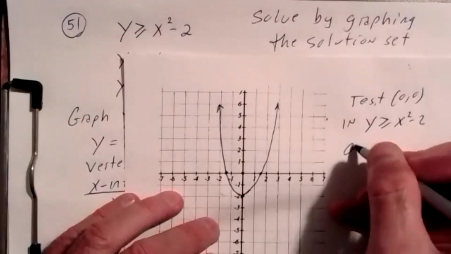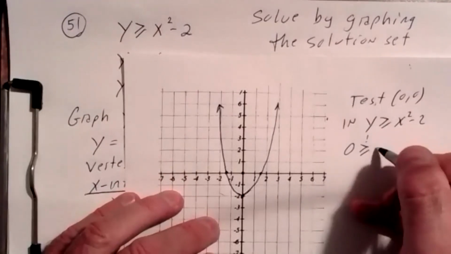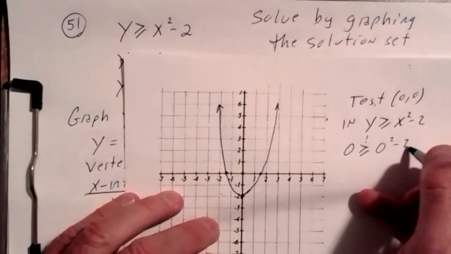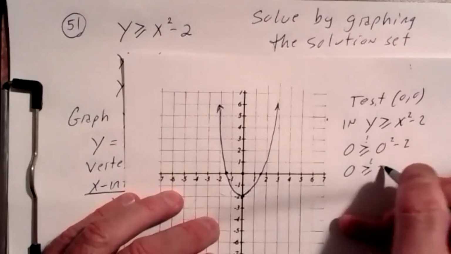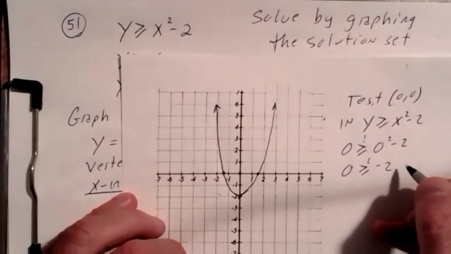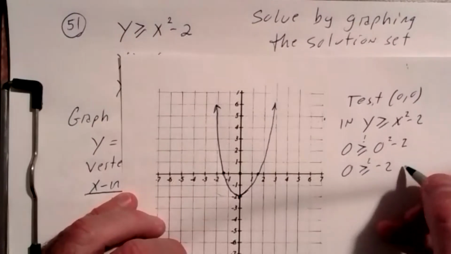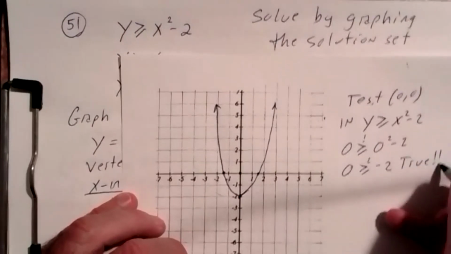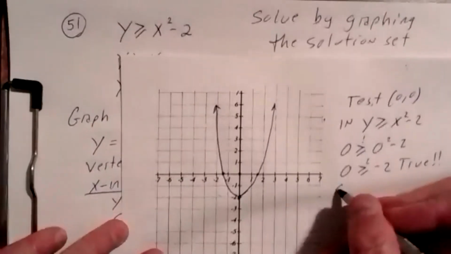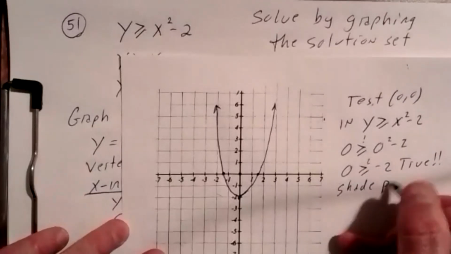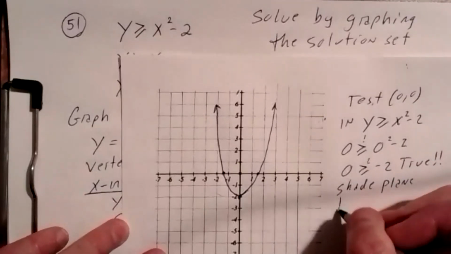Replace x and y with 0 and confirm. Is 0 greater than or equal to 0 squared minus 2? Is 0 greater than or equal to -2? True or false? That's true. So therefore we shade the plane that contains (0, 0).